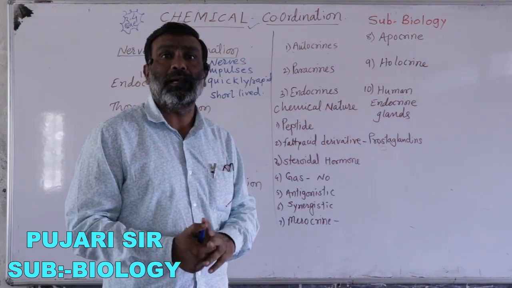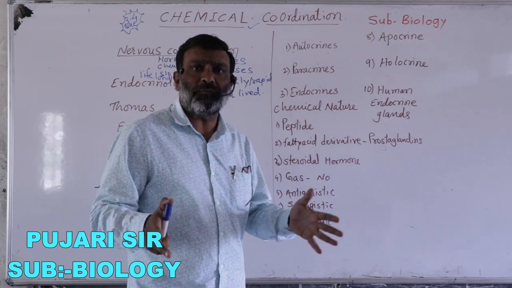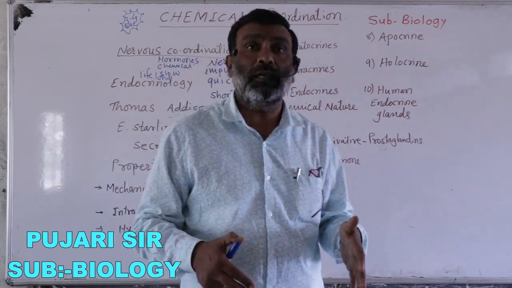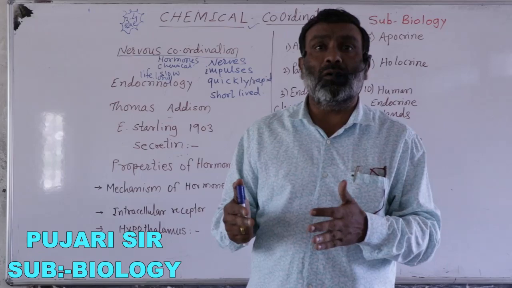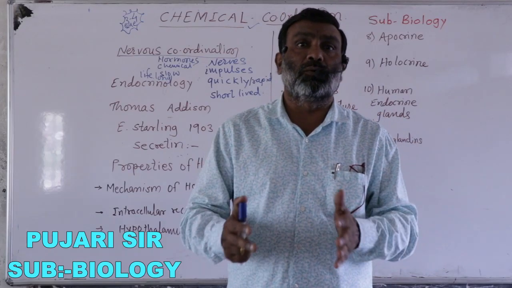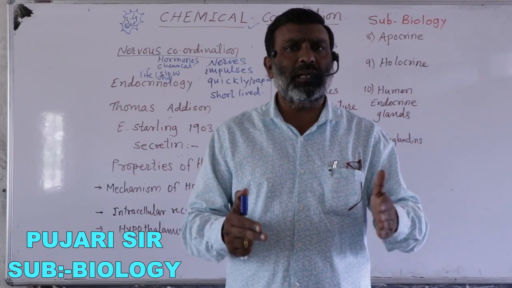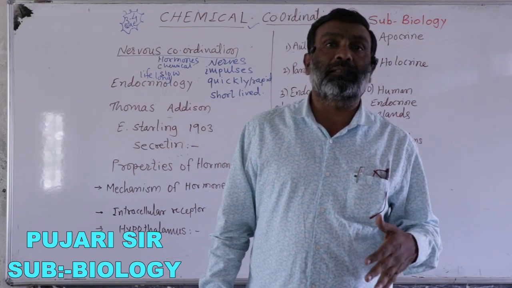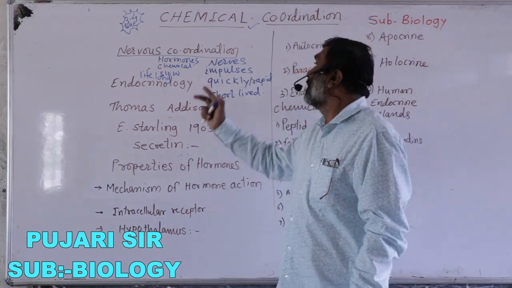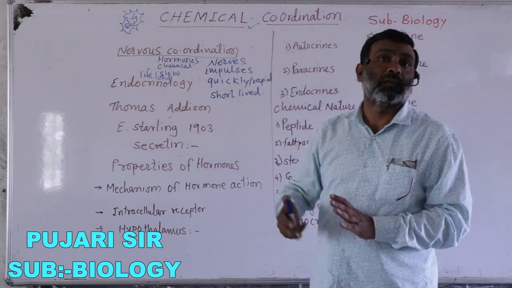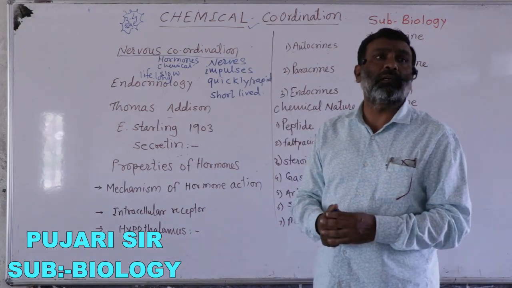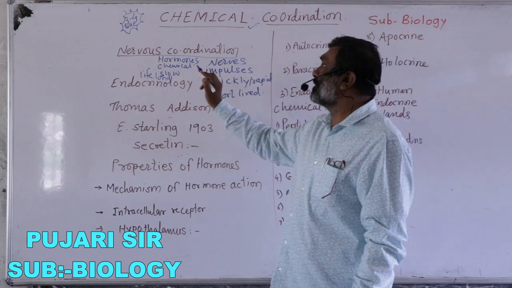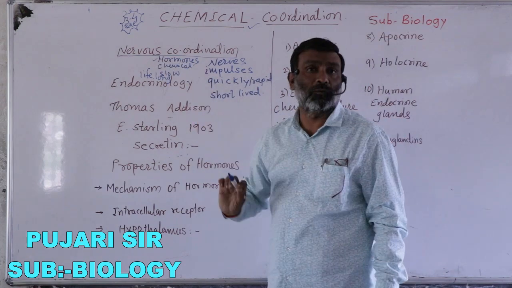Remember that there are many functions in the body which occur slowly and steadily, permanent for the lifelong, and that's why this chemical coordination is needed. So chemical coordination occurs with the help of hormones.